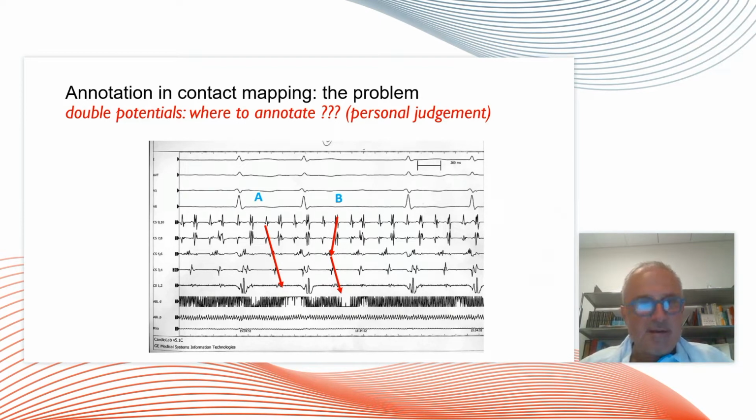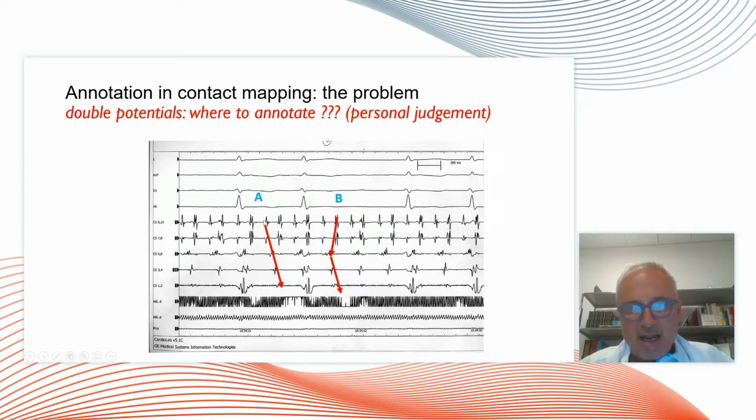As you see here, an atrial flutter and the coronary sinus electrogram, and you see it's perfectly regular. So you can do contact mapping, you can do serial measurements and add them up to a map. But how do you annotate the proximal CS on which one of these two potentials?